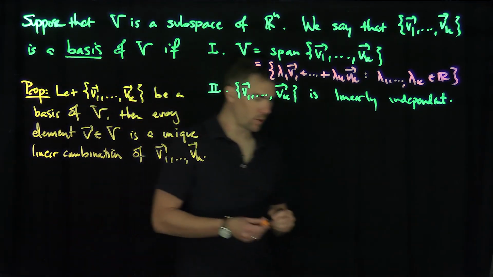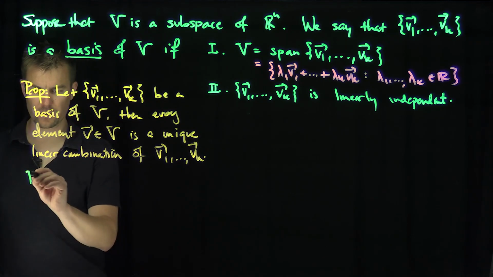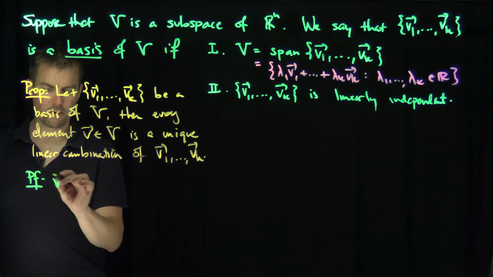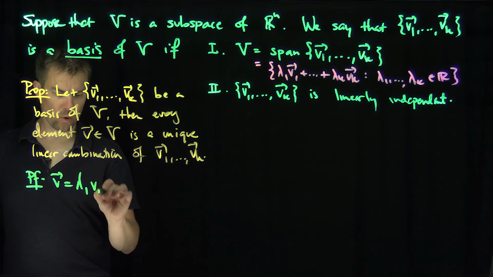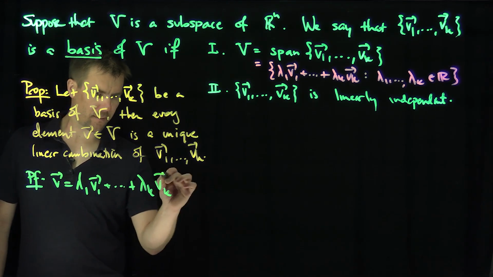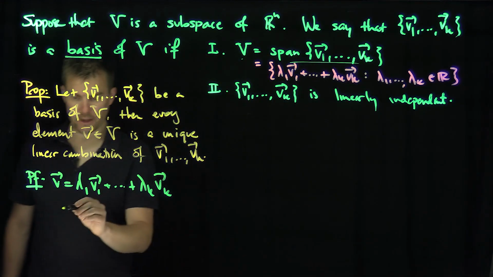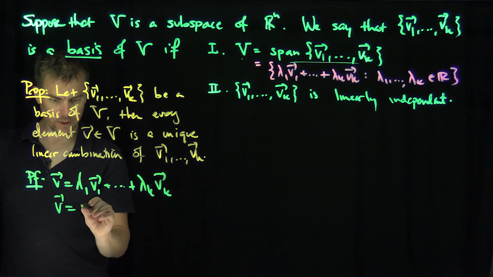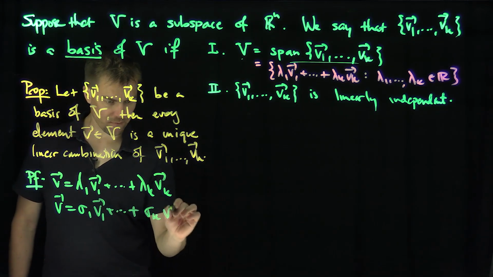Of course, the proof of this is relatively straightforward. Proof: if we write V as lambda 1 V1 plus ... plus lambda k Vk, I can do this because V is the span of those elements. And let's suppose that V had another representation, sigma 1 V1 plus ... plus sigma k Vk.